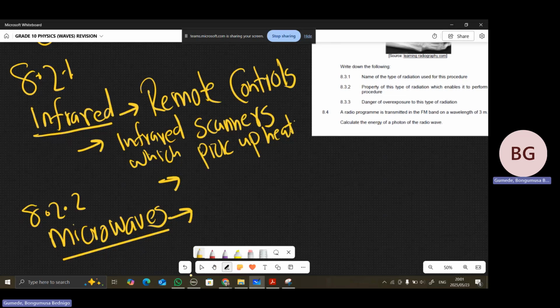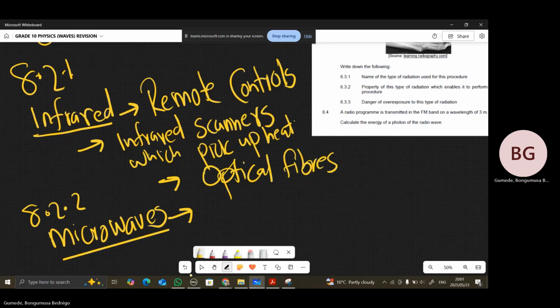Another one that we can add is optical fibers.